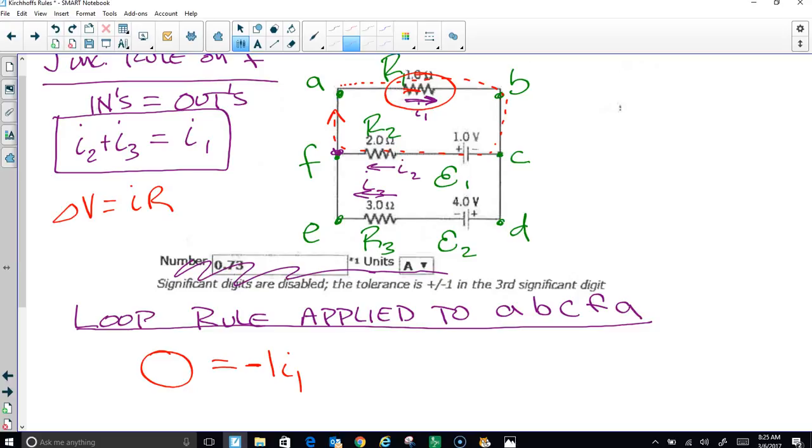All right, so let's continue our journey. I go through B, I get to this junction, I make a right-hand turn, and bam, I get to this EMF. Do I rise or drop across that EMF? It's a rise, right? And there's no variable there. I just go up 1 volt, plus 1. EMFs are easy. There's no variable, just up 1, assuming you know the EMF.